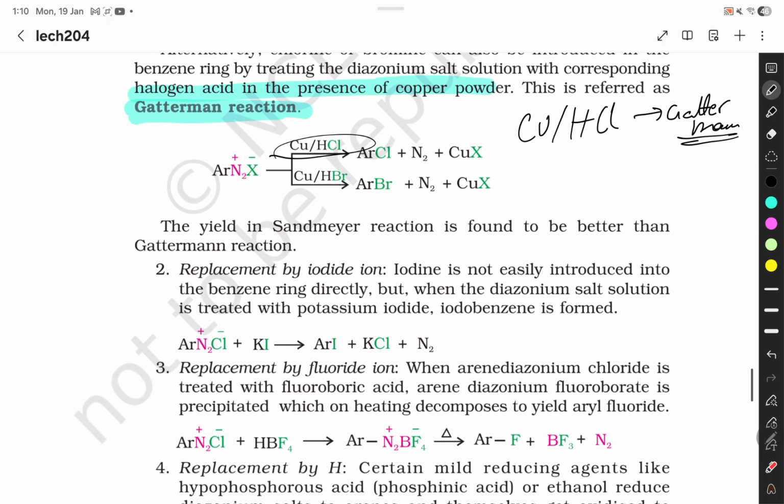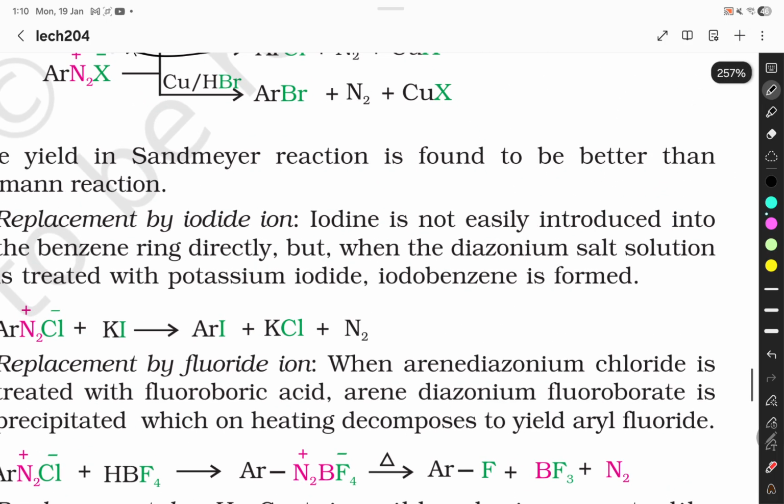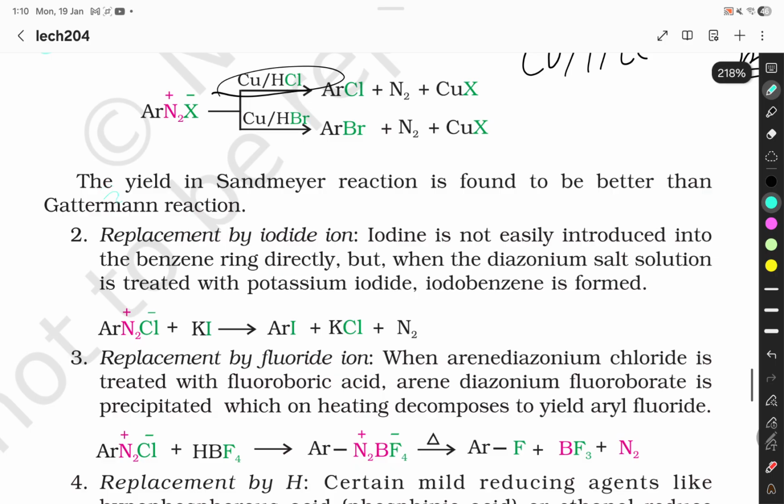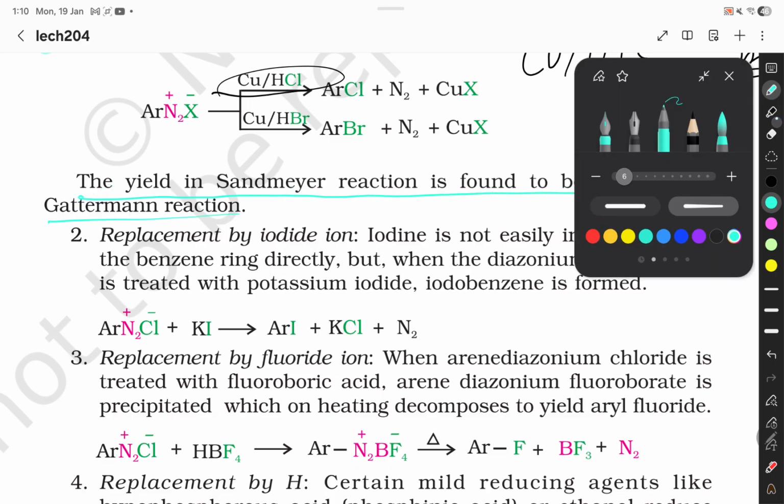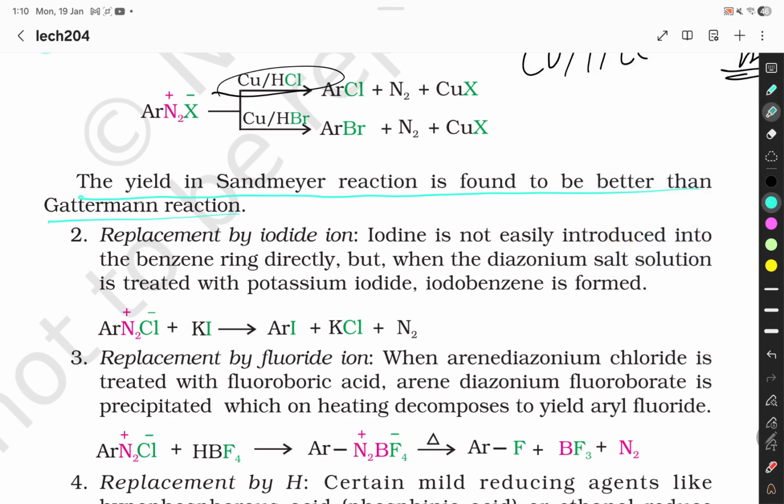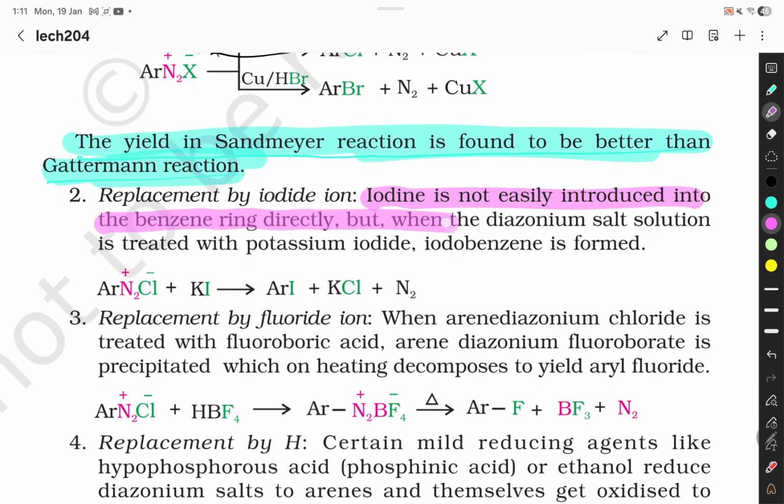Sandmeyer is Cu2Cl2. Now, one thing that we always tend to miss is that the yield in the Sandmeyer reaction is found to be better than the Gatterman reaction. Iodine is not introduced into the benzene ring directly, but when diazonium salt is treated with potassium iodide, iodobenzene is formed instantly.